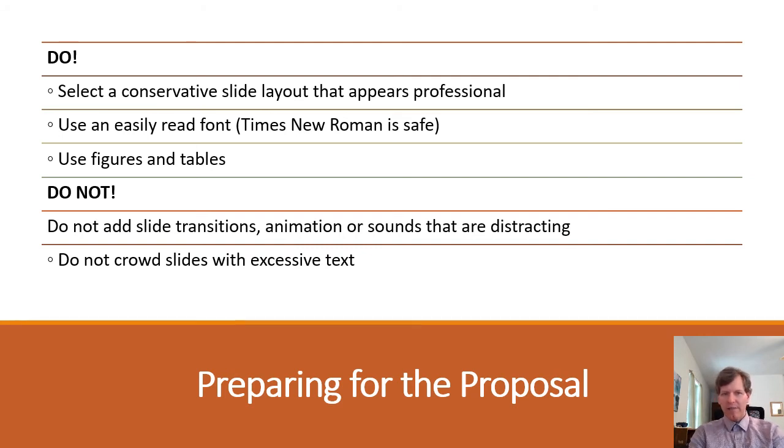It is wise to use figures and tables very clearly. Don't make your font too small. Don't have all kinds of dancing cartoons on your slides and animation and distracting sounds. Remember, the entire focus of your dissertation proposal when you're standing before the committee is for you to get approved. We're not evaluating you on how fancy your slides are.